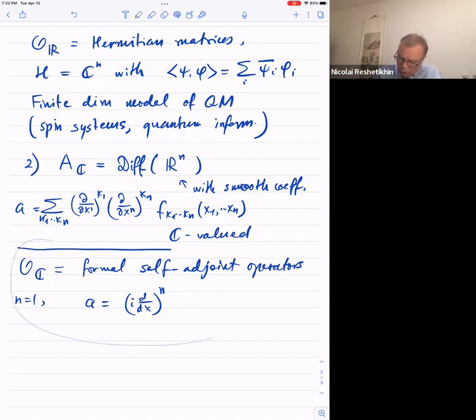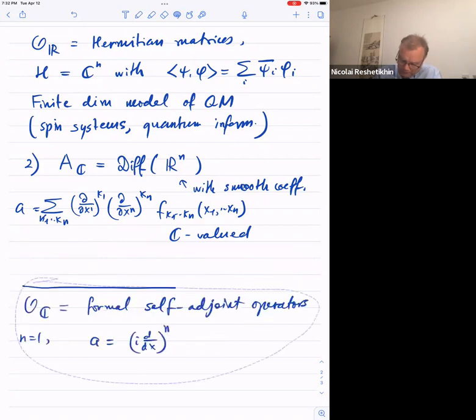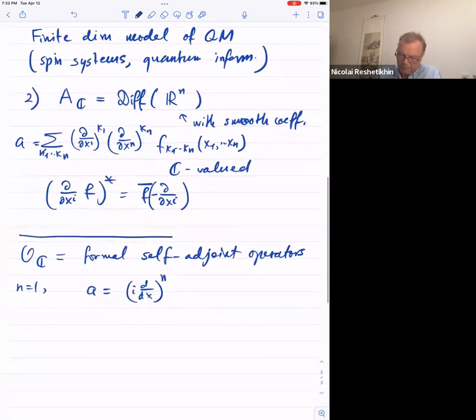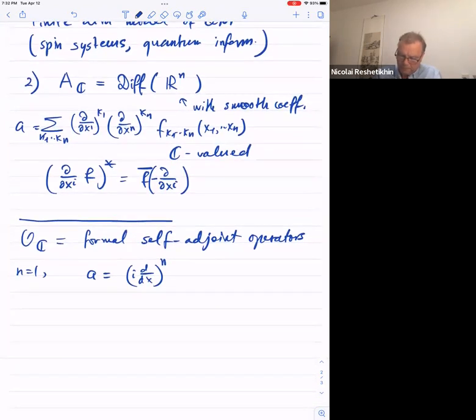The star involution is the following: d/dxi star is equal to minus d/dxi, and f star is equal to f bar. Is it clear why it's minus?